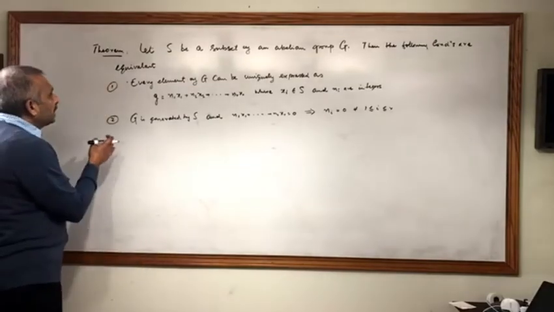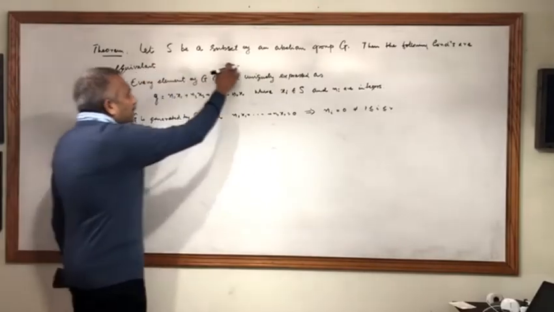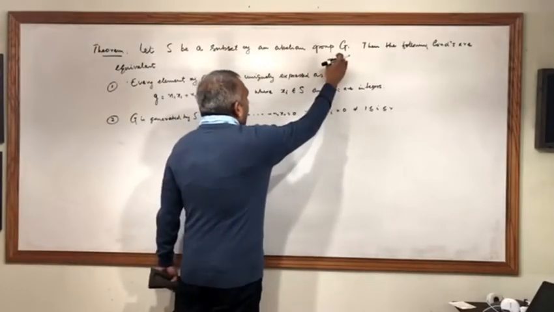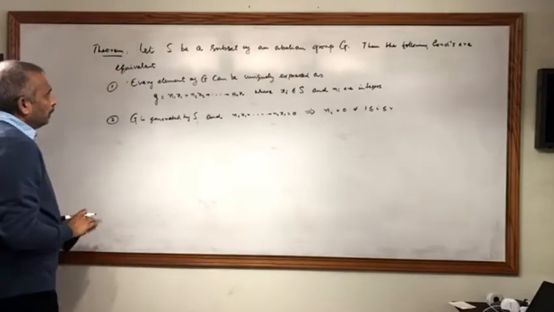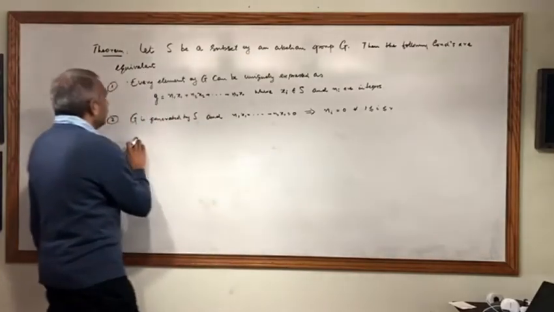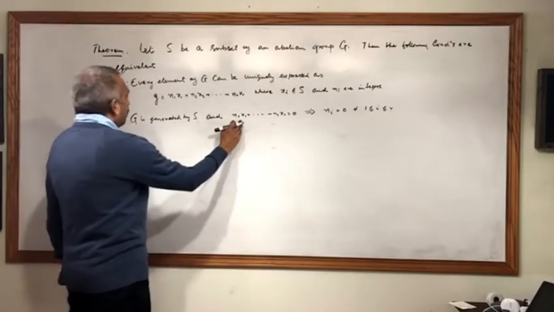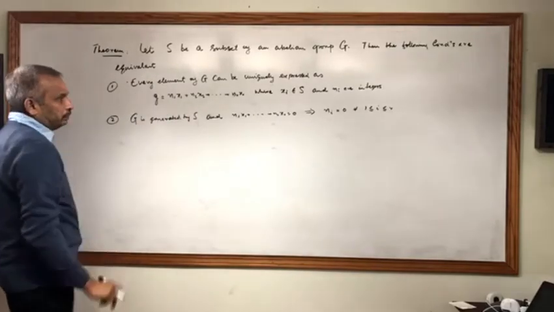So this guarantees a necessary and sufficient condition for S to be a basis for an abelian group G. If this condition is satisfied and if S generates G, then S is the basis.